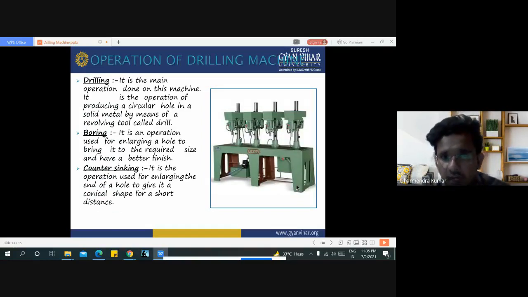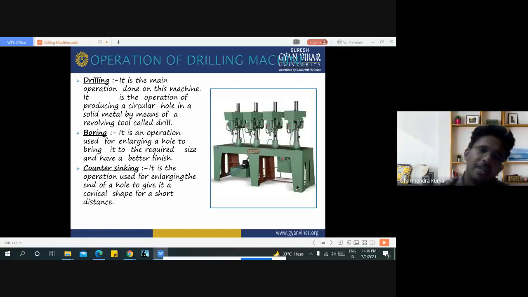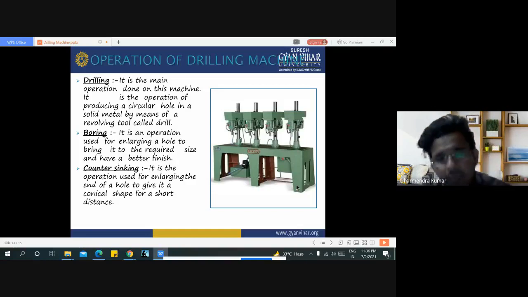It is the operation of producing a circular hole in solid metal by means of a revolving tool called a drill. Boring is an operation used after the drilling operation, and the main purpose of boring is enlarging a hole which has been made by the drilling operation.